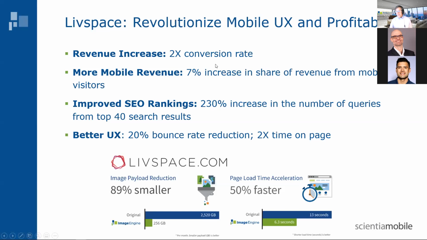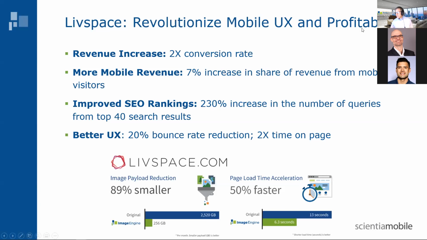Now, the better metric here is to look at some of the business impacts. They've seen about a 2x increase in their conversion rate, which has led to much higher revenue, especially on mobile visitors. They're based in India, and a huge portion of the Indian audience there uses their mobile device as their primary device.